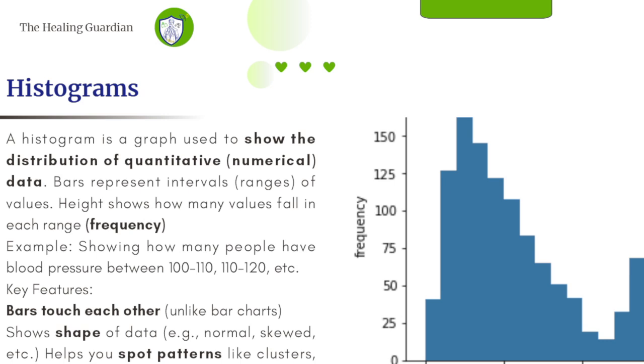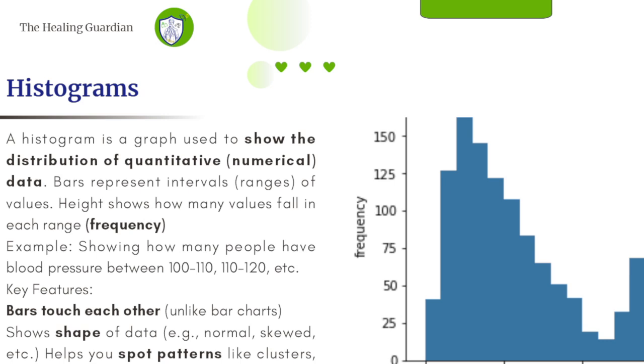That is why its bars have to be in contact with each other to show continuity. Each bar in a histogram shows a range, for example between 100 and 120, between 120 and so on, and for the sake of continuity, the bars have to touch each other.